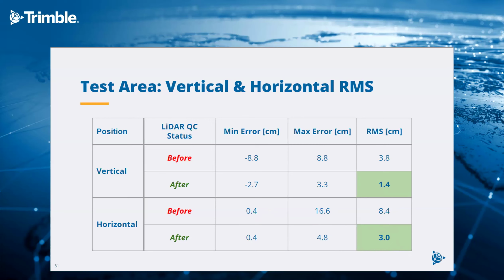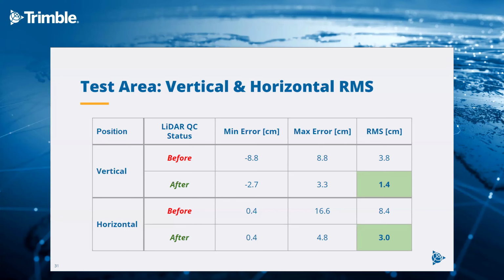I have to say that the horizontal points were not targets. They're really road paintings, and sometimes it's not that easy to pick them, which probably adds a little bit to the horizontal results here.